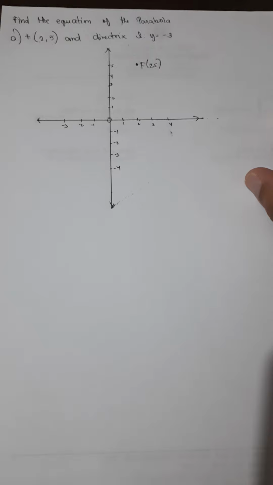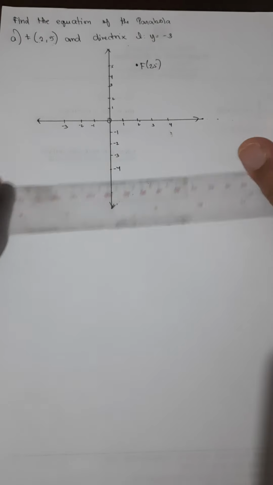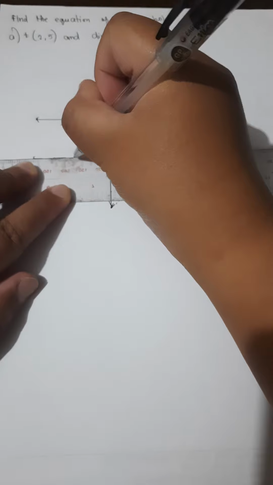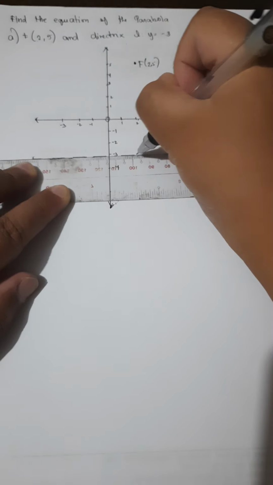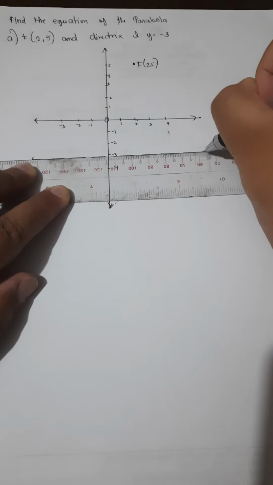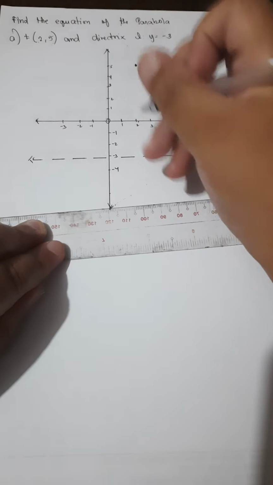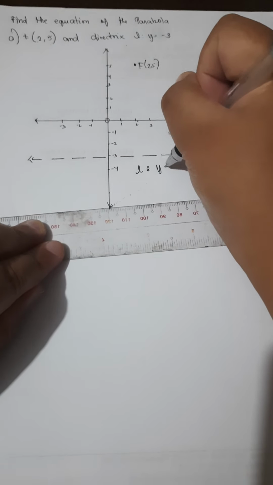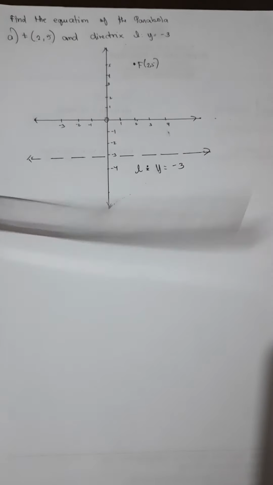And after that, ang ating directrix daw ay matatagpuan sa y is equal to -3. So, dito siya. So, you draw a broken line. Okay. So, yan ang ating directrix. L is y is equal to -3.